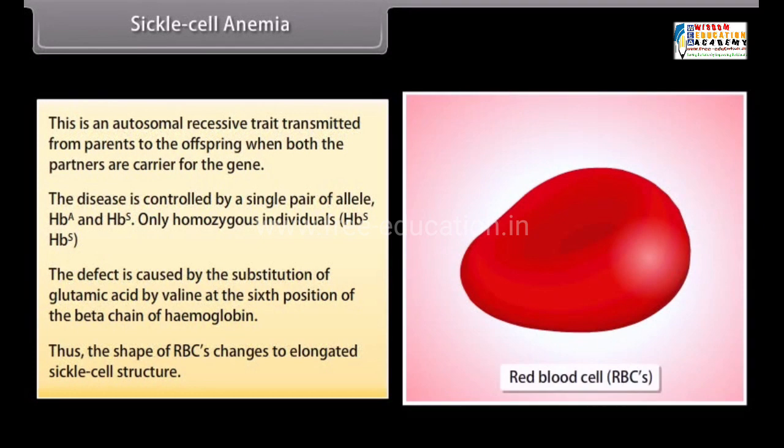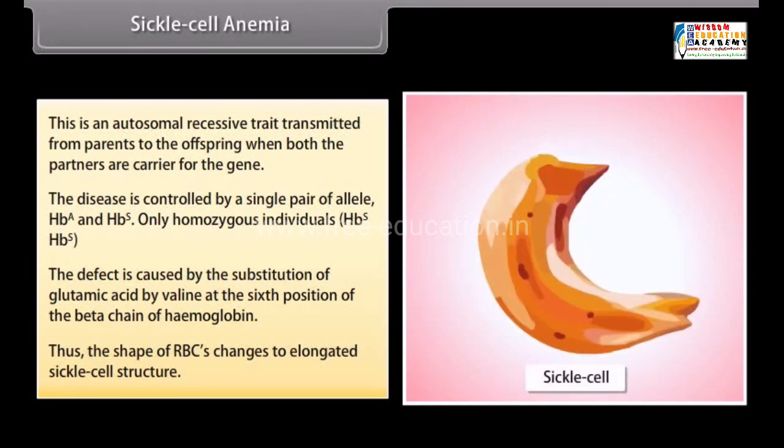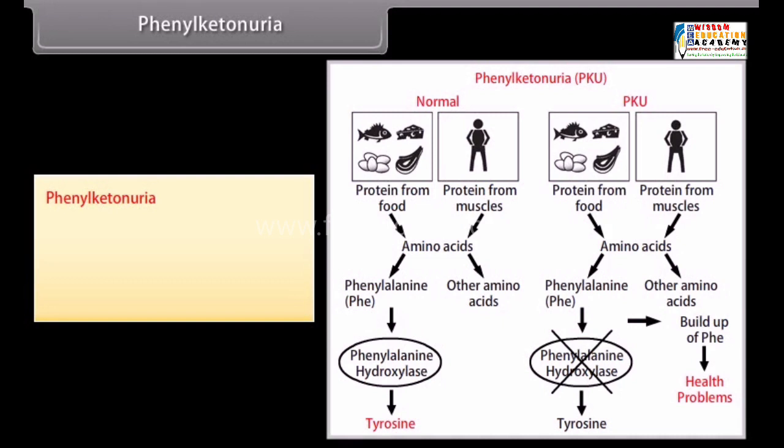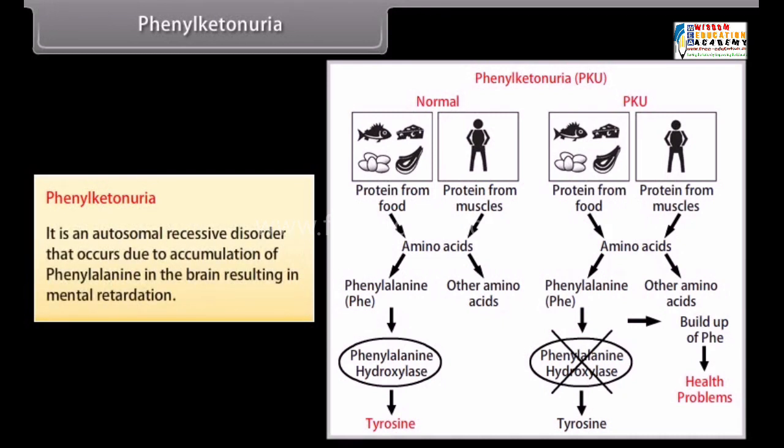Thus, the shape of RBCs changes to an elongated sickle cell structure. Phenylketonuria: it is an autosomal recessive disorder that occurs due to accumulation of phenylalanine in the brain, resulting in mental retardation.